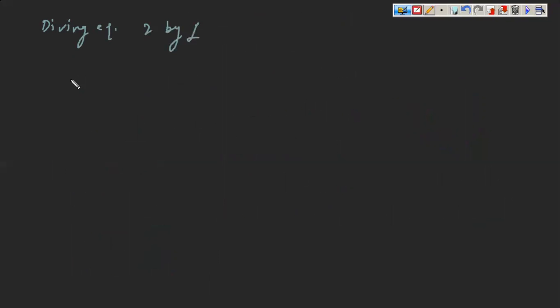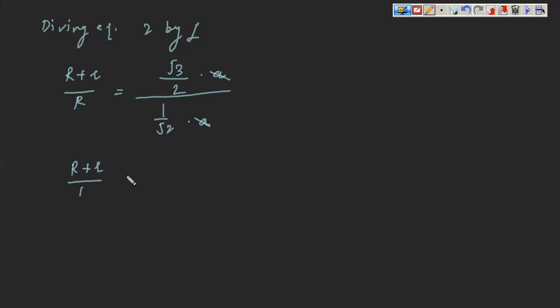What you will find, capital R plus small r upon capital R: equation 2 gives root 3 upon 2 into A, and equation 1 gives 1 upon root 2 into A. So A gets cancelled by A, and we get capital R plus small r upon capital R equal to root 3 upon root 2.